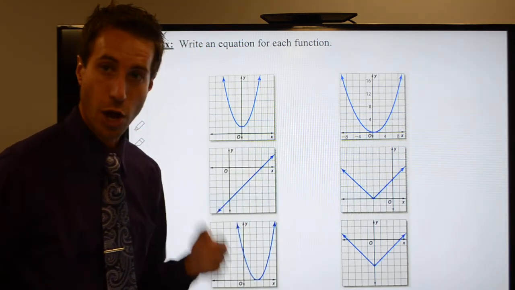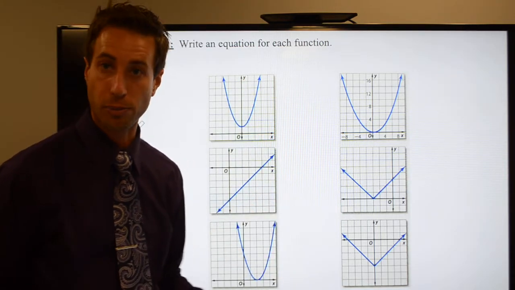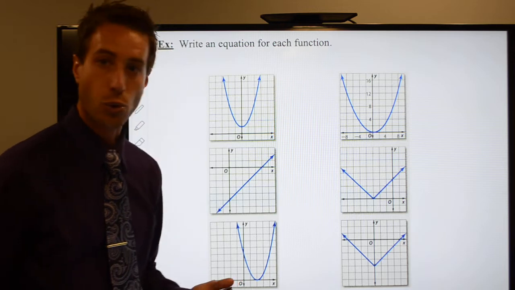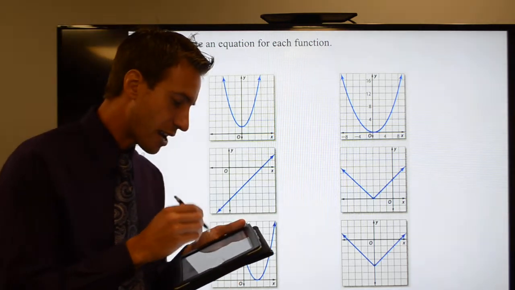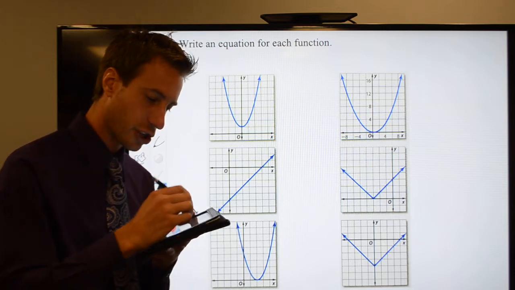The very first one. Well, I should immediately recognize it thanks to its nice U shape, what we call a parabola, that this guy is quadratic. Let me write you the general equation for the quadratic. You should have memorized this a couple of pages ago in the notes.